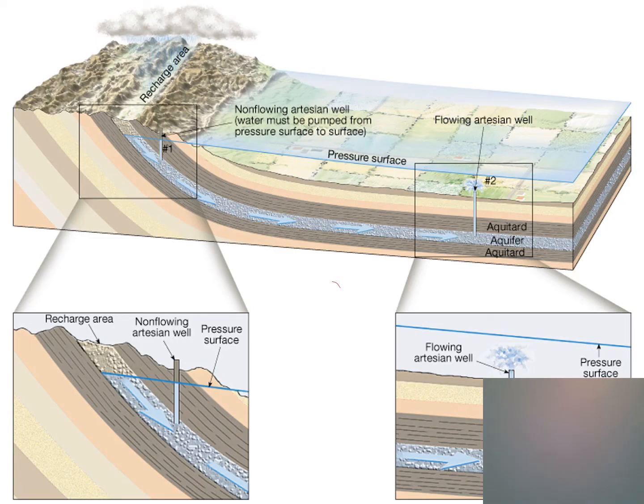What you're looking at here is a generalized groundwater system. So we're going to go deeper than we were in the previous slide, where we were up here with the unconfined aquifer, the zone of saturation, the unsaturated zone. We're going to go deeper, and we're going to encounter an aquiclude.